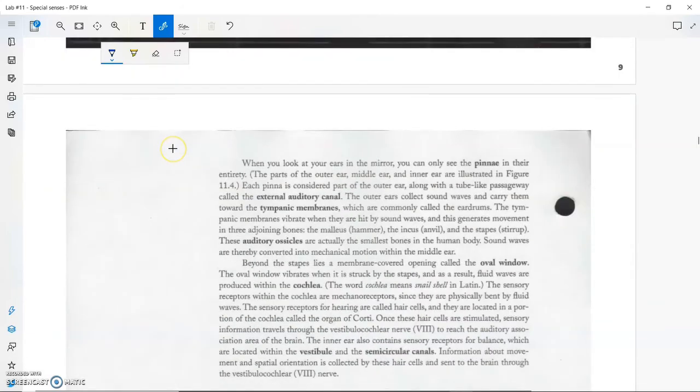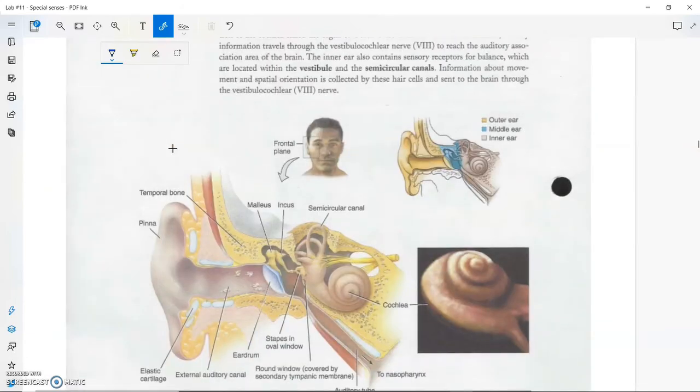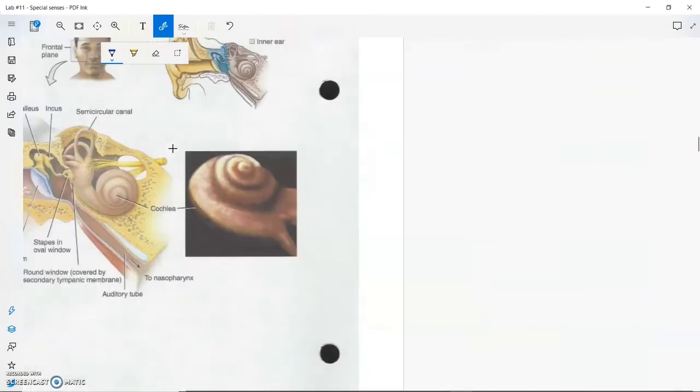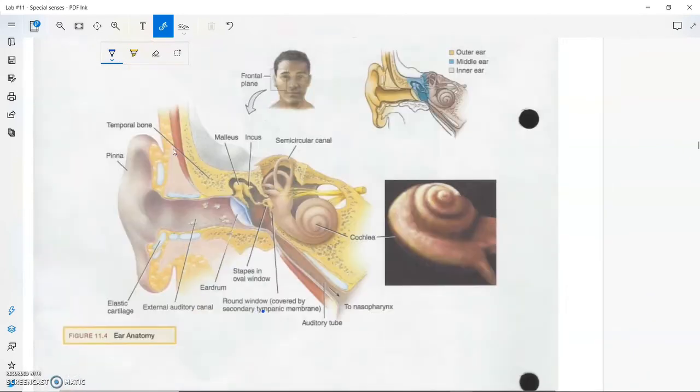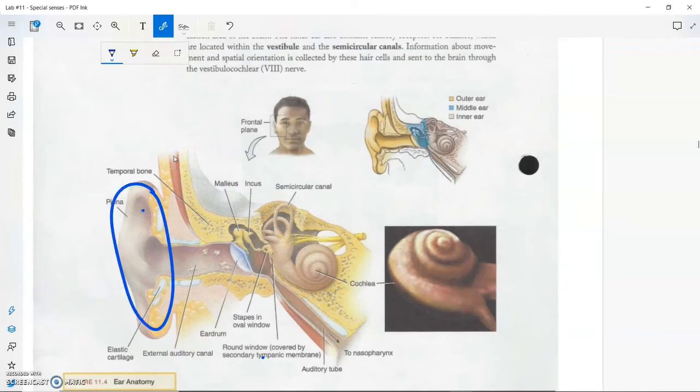Now, hearing. Sound is collected by the pinna, the external ear. It focuses the sound into the external acoustic meatus, the auditory canal, where sound vibrates the eardrum, which in turn vibrates three auditory ossicles, malleus, incus, and stapes.